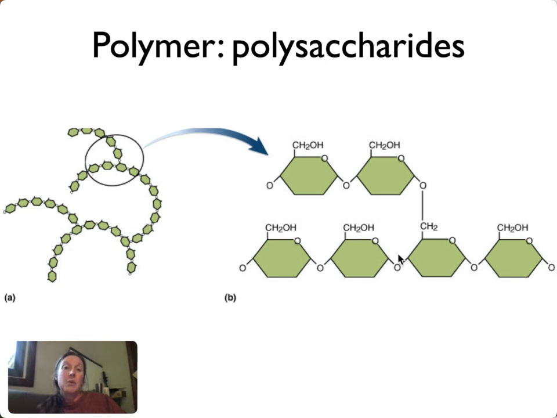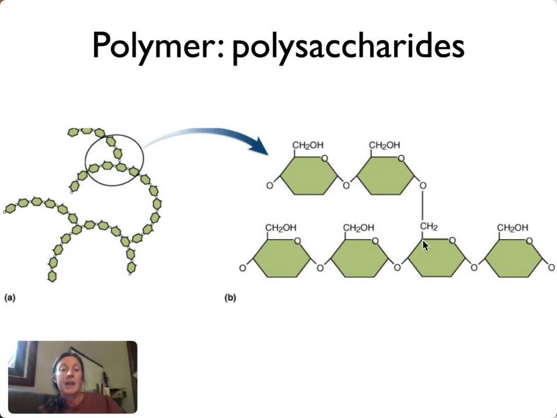Now, if we want to make a larger molecule, a polymer, a polysaccharide, this is usually done just with glucose molecules. Depending on how they connect, we either form glycogen, which is the polysaccharide that animals make to store energy, or plants put those molecules together to make starch, which you find in potatoes, or cellulose, which forms the cell wall that gives plants their rigid cell structure.